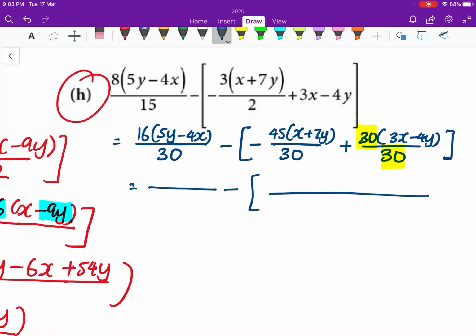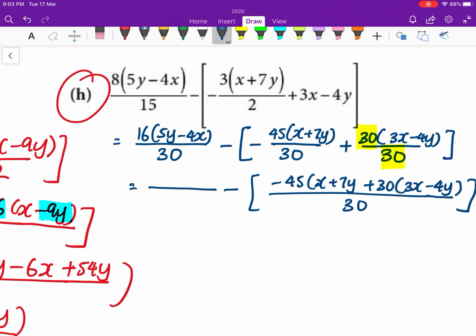So we have minus 45x plus 7y plus 30 3x minus 4y. Close the bracket. 30.